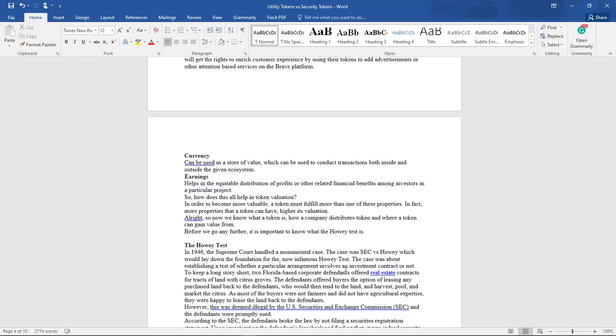It is very important to know what the Howey test is as we dive into this. There has been a lot of research on how they were able to come up with the classification of the various tokens, whether a token is a utility or a security token, and it has to pass the Howey test.